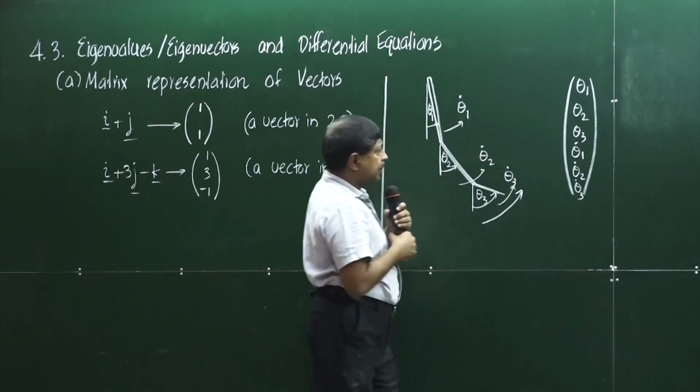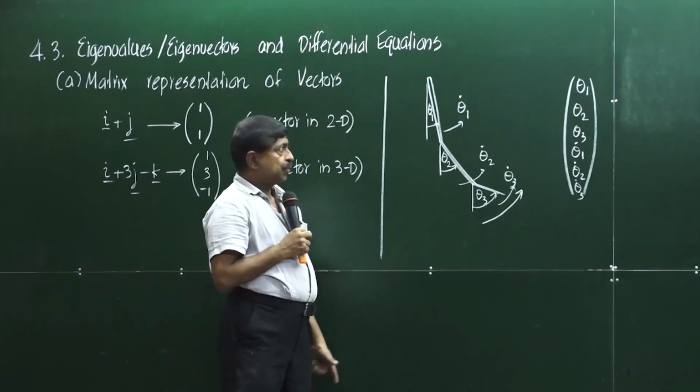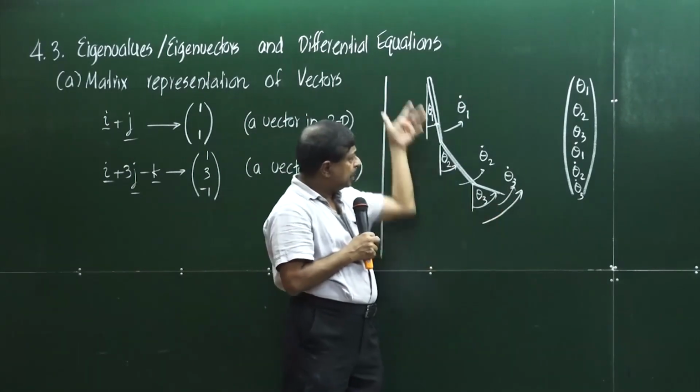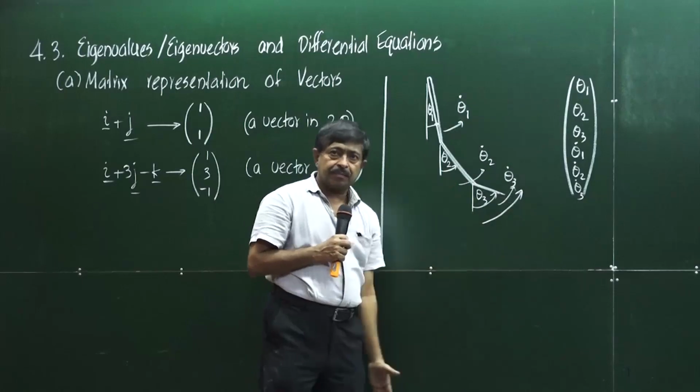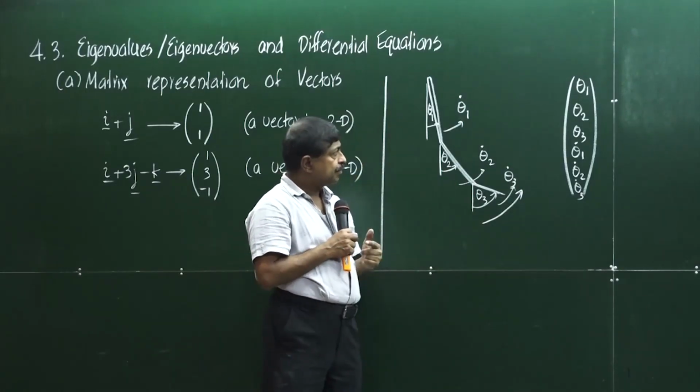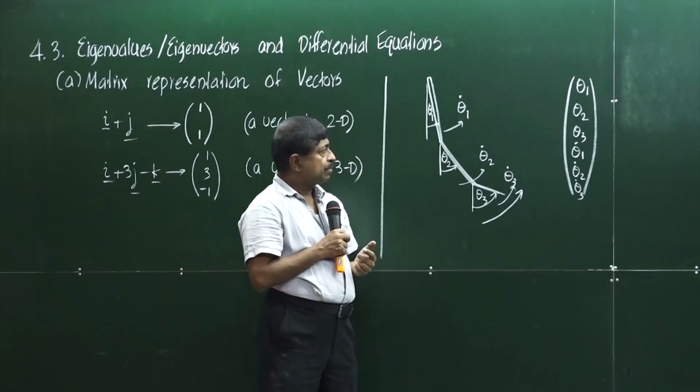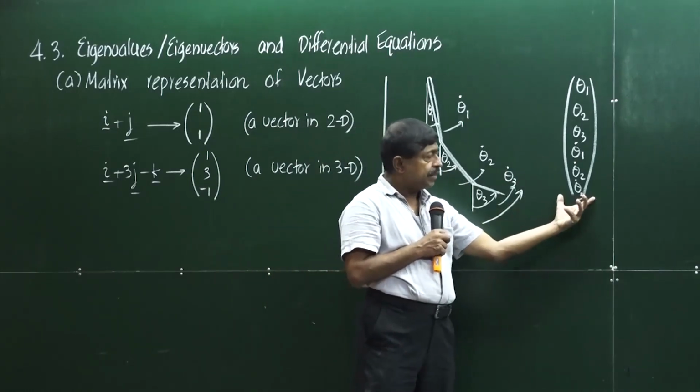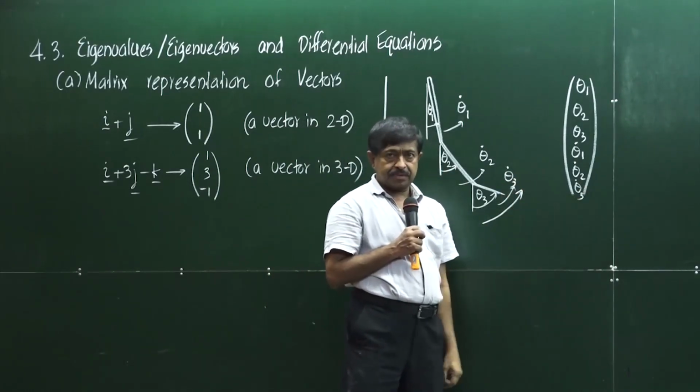Now look, there are 6 components in the vector. Even though this moves in R2, in a plane, there are 3 arms, but still you have to configure it in 6-dimensional space.